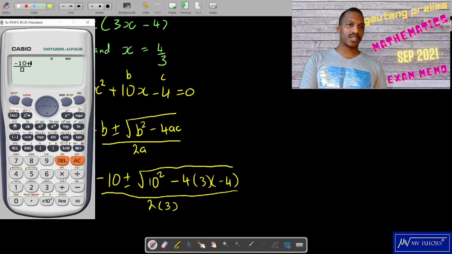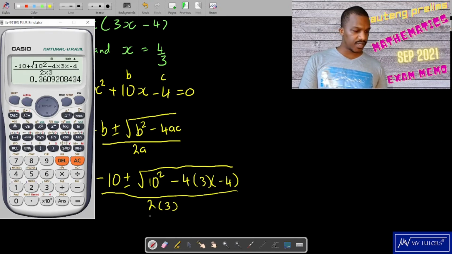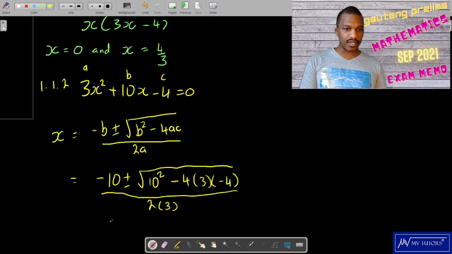Let's start with the plus, square root of 10 squared minus 4 times 3 times negative 4. And then we'll go downstairs, we'll have 2 times 3. That gives 0.36. That's our first answer.